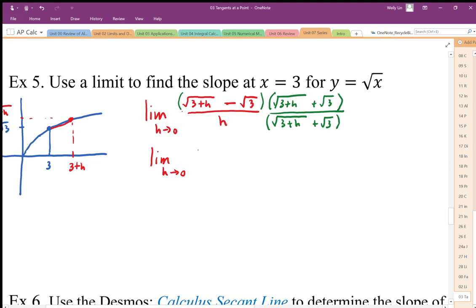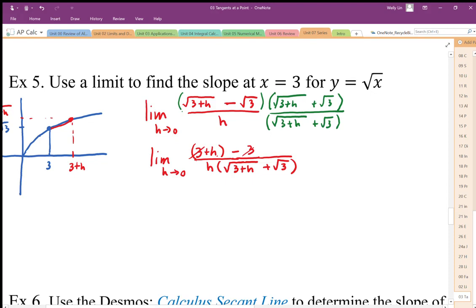This is going to end up being square root of 3 plus h, squared, so it's going to free up that 3 plus h minus root 3 squared, which is 3. And that's going to be all over my factor h times this big mess here, so 3 plus h plus square root 3.